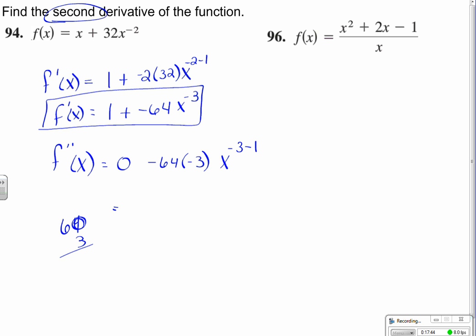I'm thinking of this as 60 times 3, that's 180, plus 12, so I'm at 192, which is positive because we had negative times negative, x to the -4th. It turns out I have 192 over x to the 4th, in the denominator.